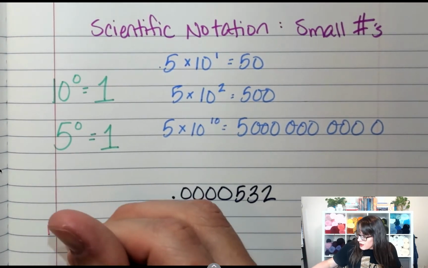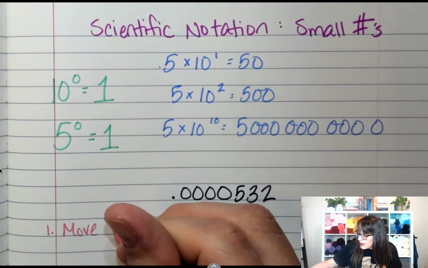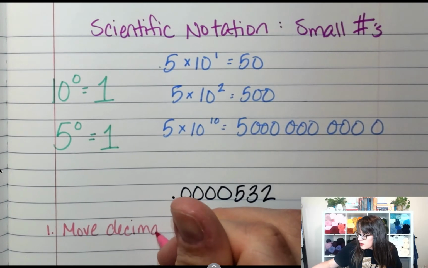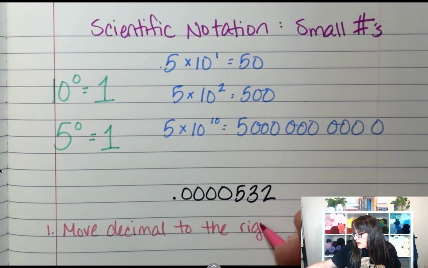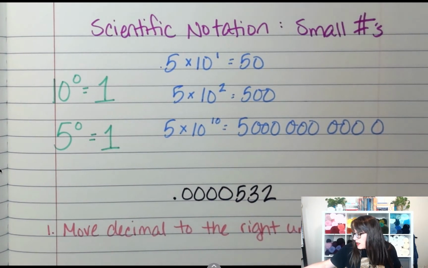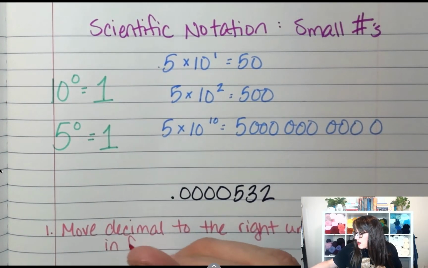So step 1, move decimal to the right until one digit is in front.